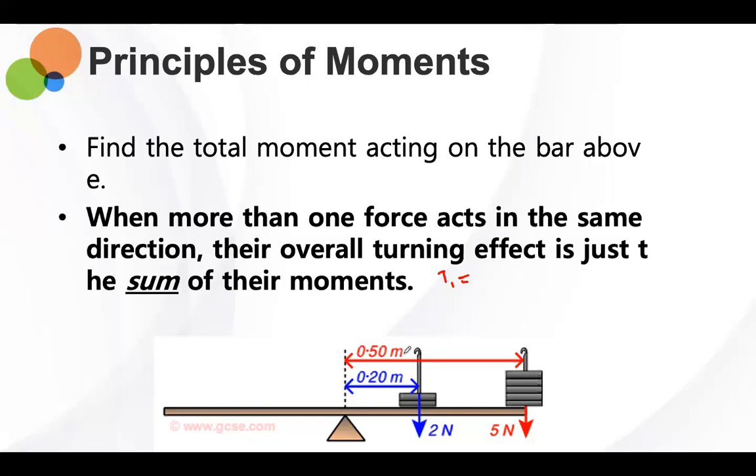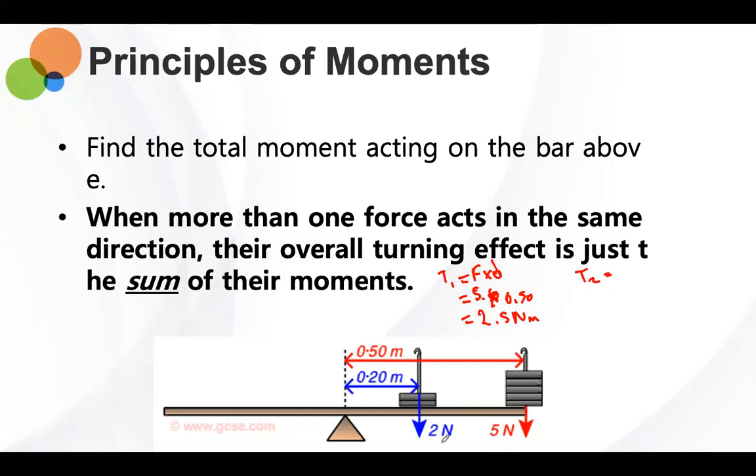T1 is force times distance. And what is our force for T1? This one, the red one? 5 newtons. And then our distance would be 0.5. So 5 times 0.50 is equal to 2.5 newton meters.